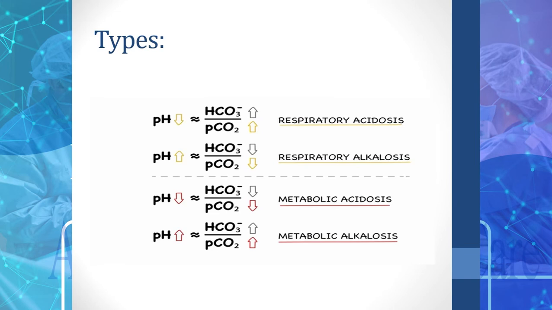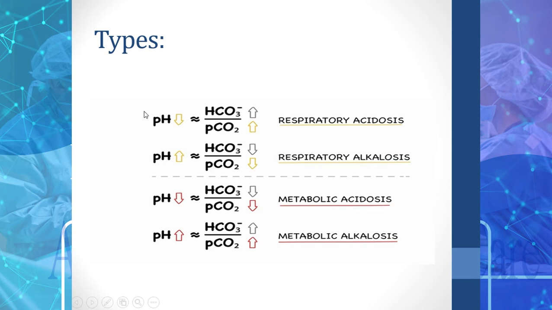Types of acid-base disturbances: as you see, it is respiratory acidosis, respiratory alkalosis, metabolic acidosis, or metabolic alkalosis. I want you to notice something very important and keep it in your mind.